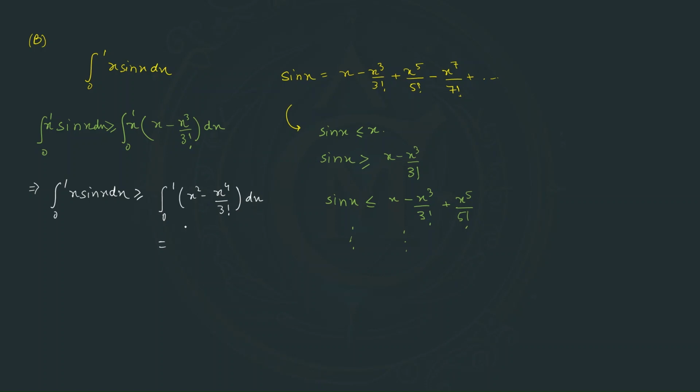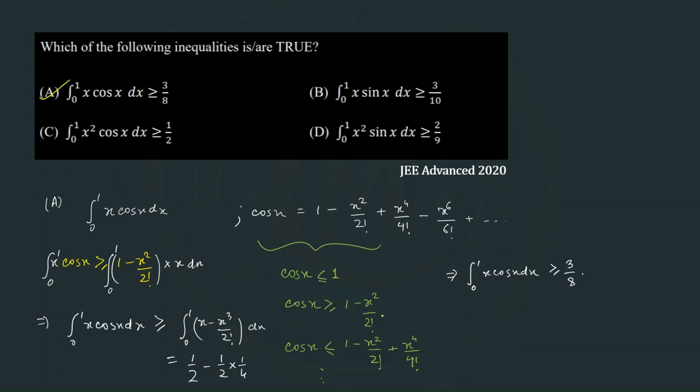So this comes out to be 1 by 3 minus 1 by 6 times 1 by 5. So it comes out to be 1 by 3 minus 1 by 30. So 1 by 3 into 9 by 10. That means 3 by 10. So integral 0 to 1 x sin x dx is greater than or equal to 3 by 10. So we can see option B is also true.